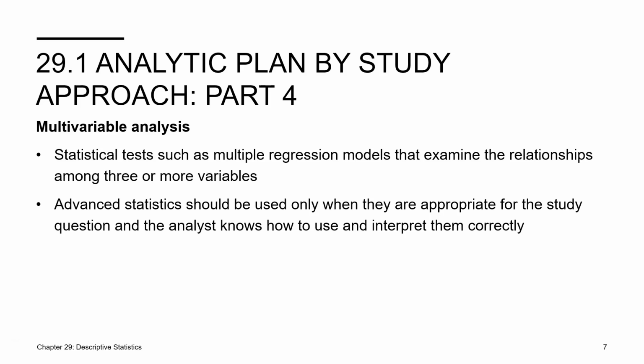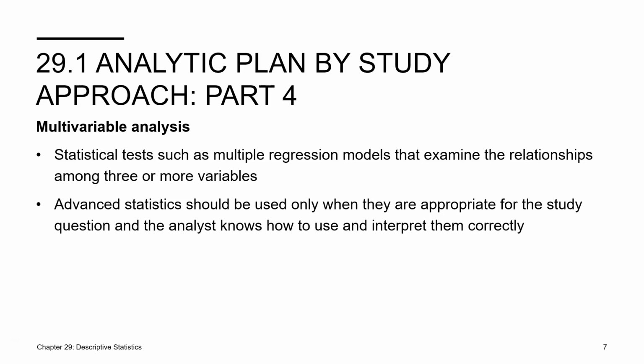Multivariable analysis uses multiple different variables, and typically there will be some sort of regression analysis, which is covered in a different chapter, to look at relationships and predictions between one variable and a specific outcome while adjusting for other variables.